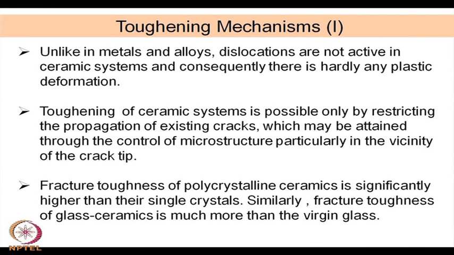We put some obstacles on the path of the dislocation movement, and thereby one can restrict the deformation and also strengthen the material. That is the basic principle on which the strengthening is done in metals or alloys.